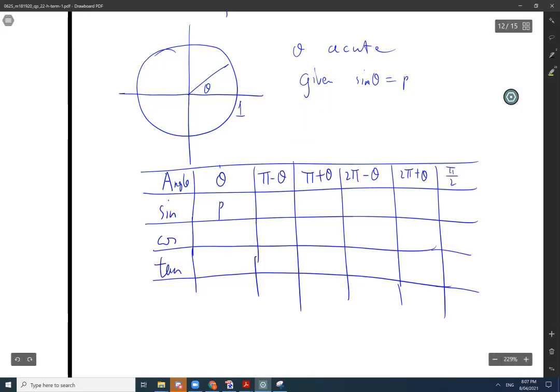Half pi minus theta. We check one more. If sine theta equals p, how about cos? How about tan? All in terms of p.